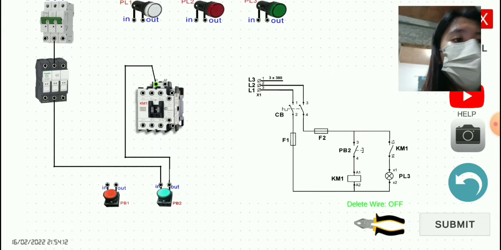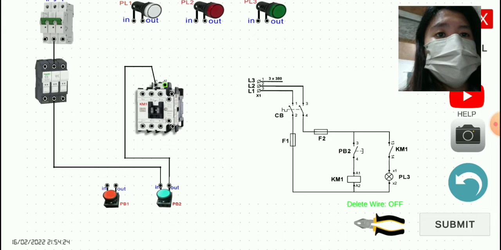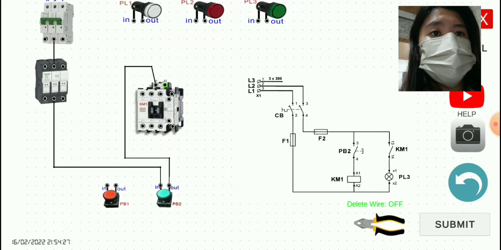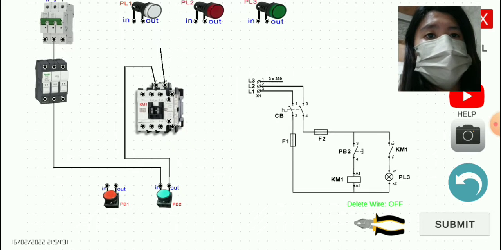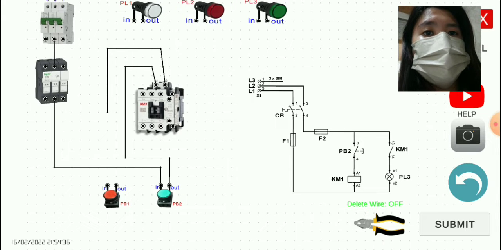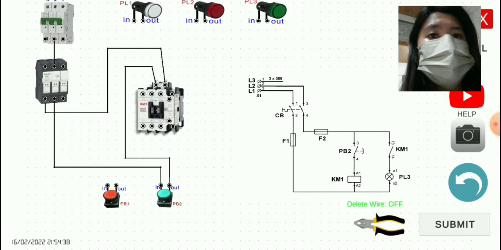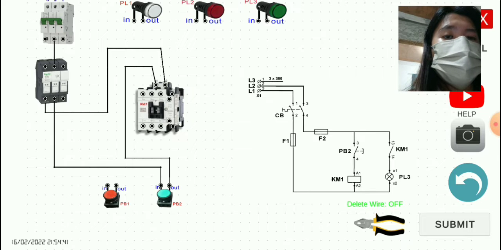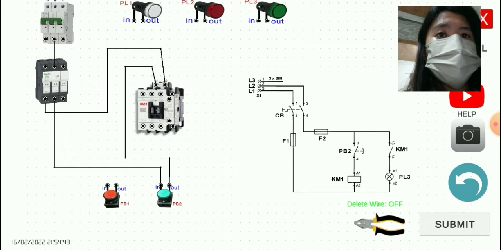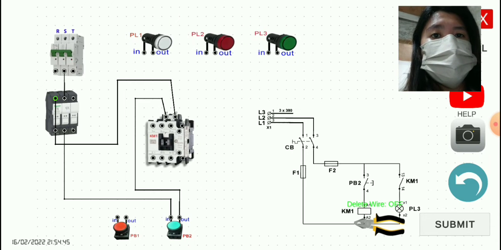After our A1, we will connect our A2, the coil, to our fuse 1. From fuse 1, back to our line 1 to the R.